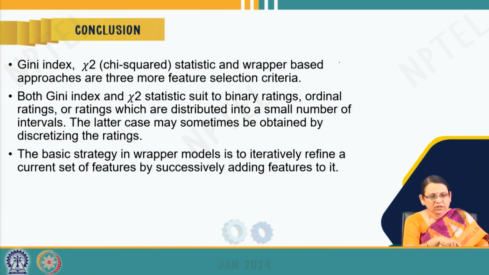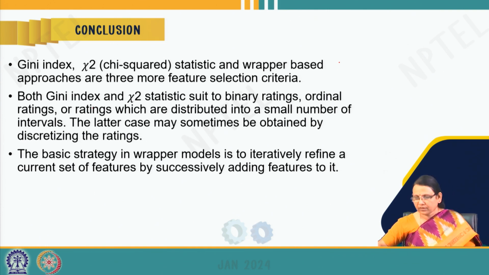Both Gini index and chi-square statistics suit binary ratings, ordinal ratings, and ratings distributed into a small number of intervals, and in case of continuous values, we have to discretize them. The basic strategy in the wrapper based model is to iteratively refine a current set of features by successively adding features to it. Thank you.